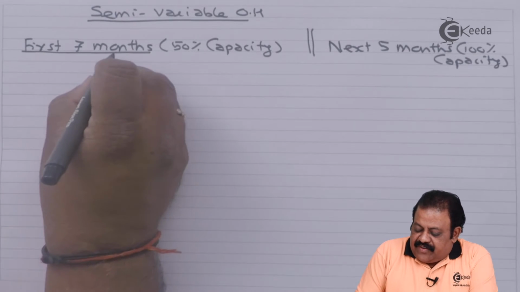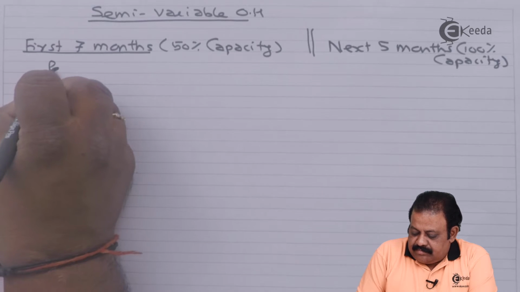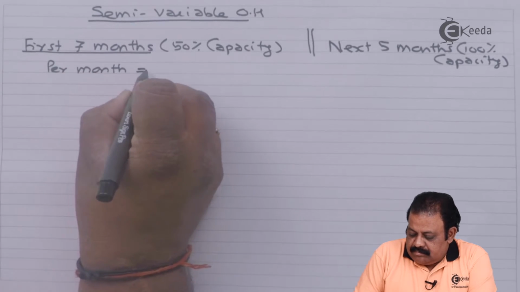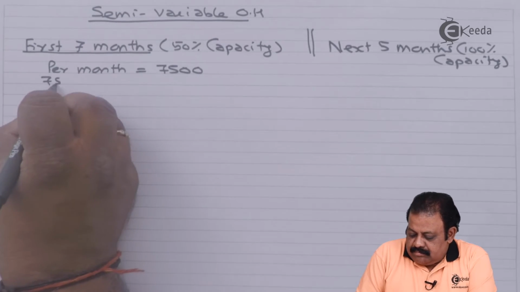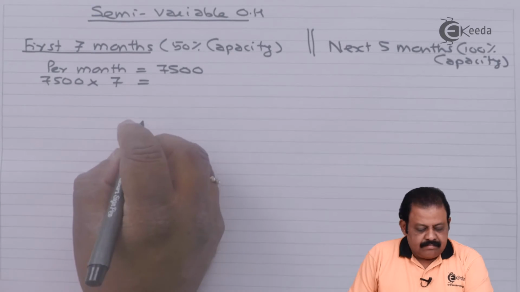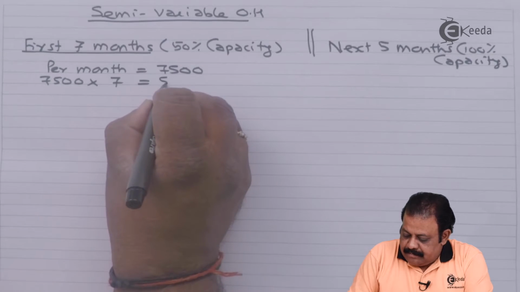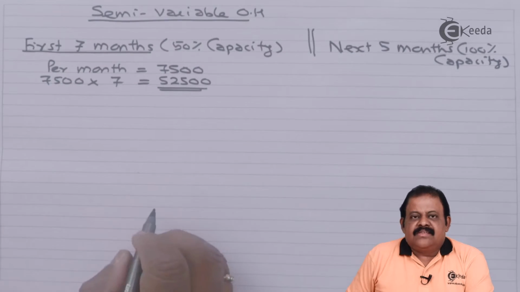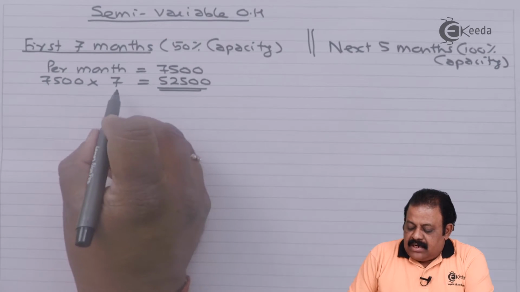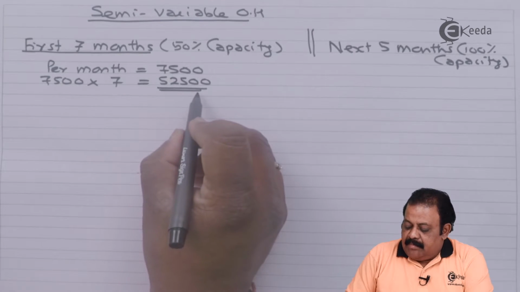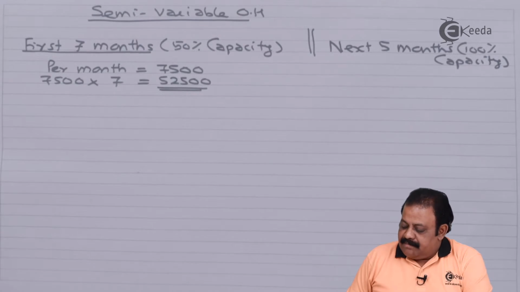Accordingly, during the first 7 months, 7,500 per month multiplied by 7 months, it will be 52,500.